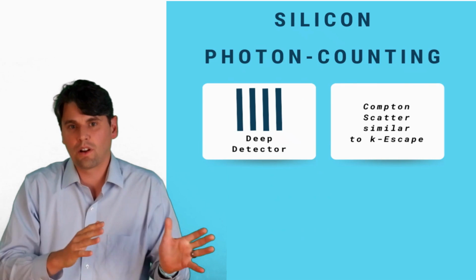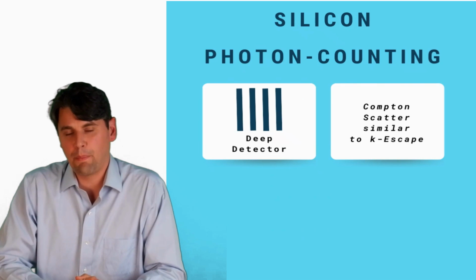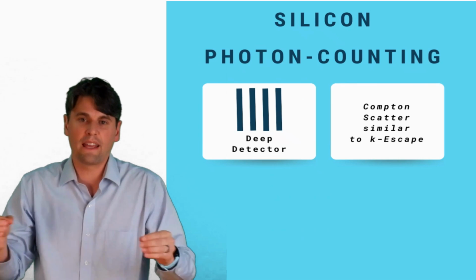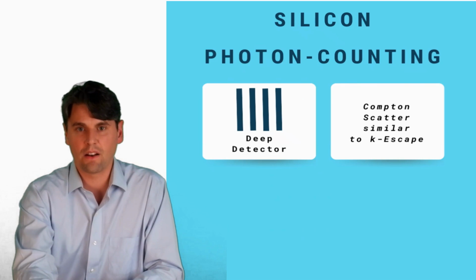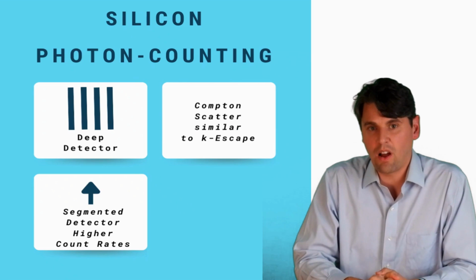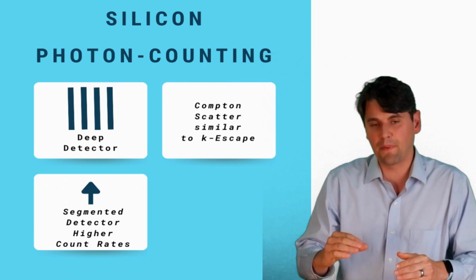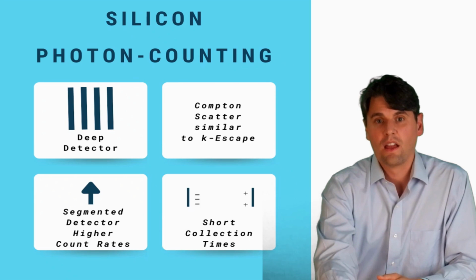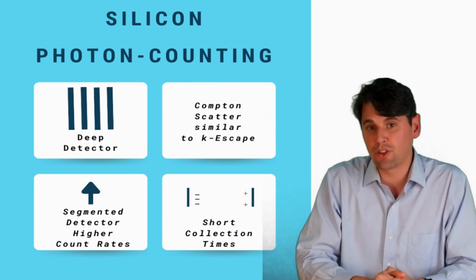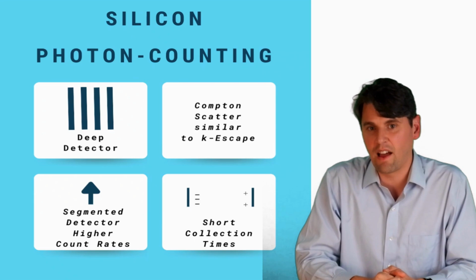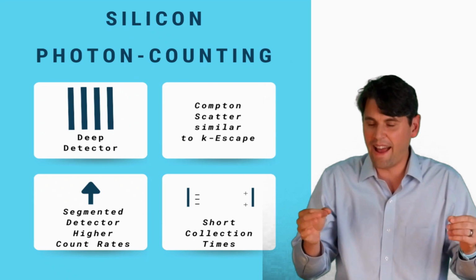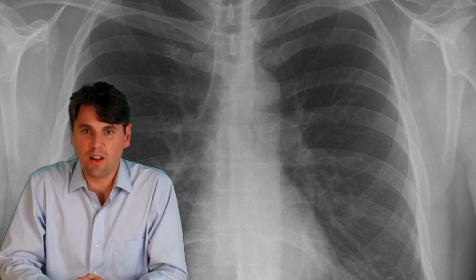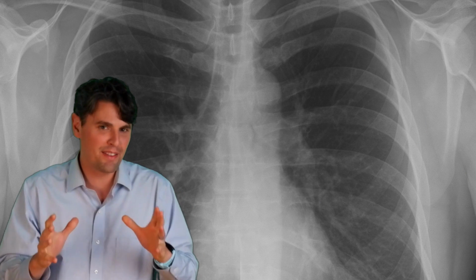This is similar to the K escape that you have in cadmium telluride, wherein you're going to get crosstalk with neighboring channels. Now, the primary advantage, like we talked about, is that these different depth segments allow us to have higher count rates, and also the mobility of your charges within the silicon itself allows for very fast readouts on these silicon detectors.